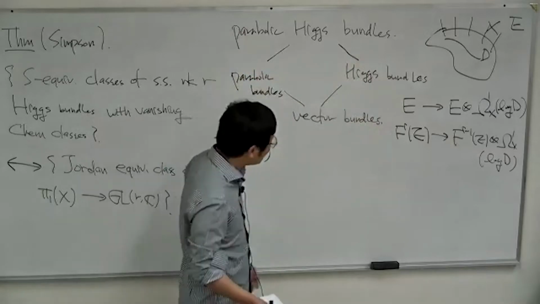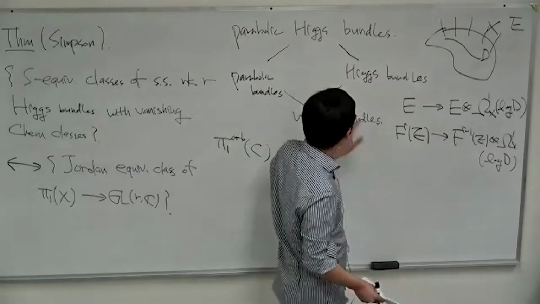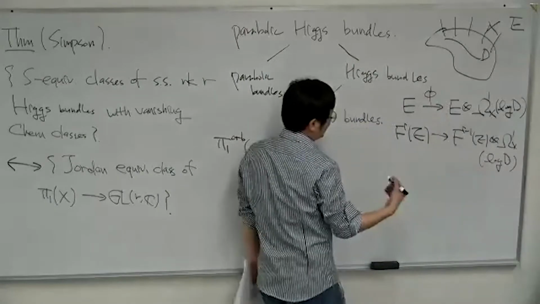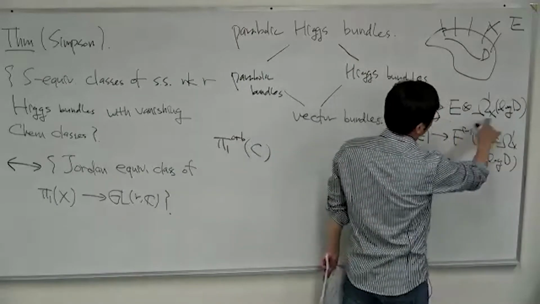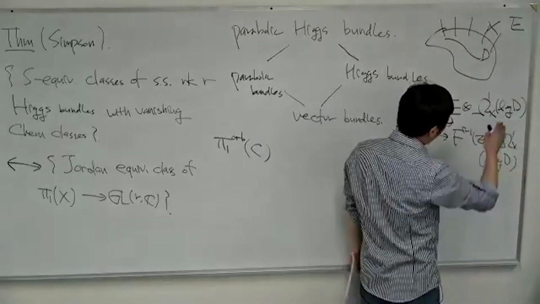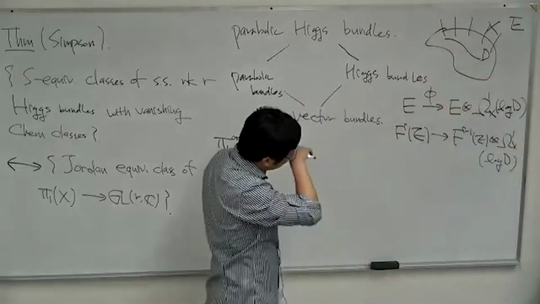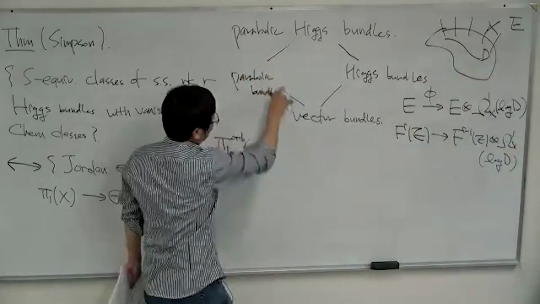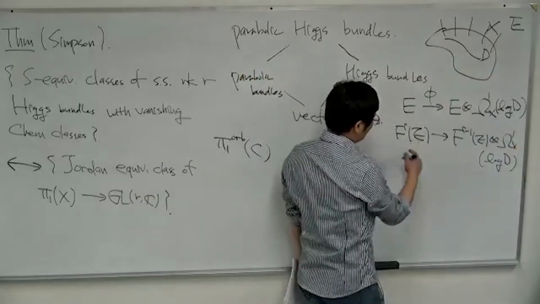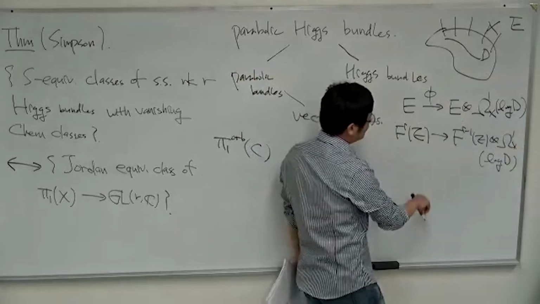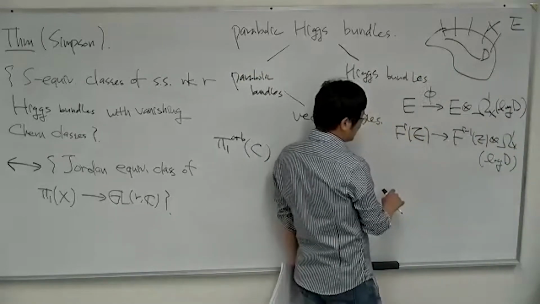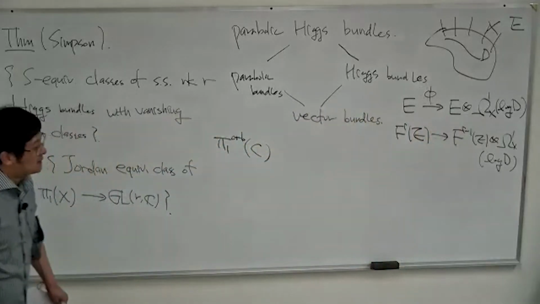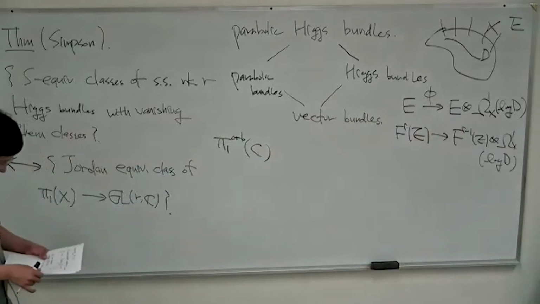What I said is that for a parabolic Higgs bundle, the Higgs field is a map from E to E tensor the one-forms with log poles at the divisor D. Then at D, I consider this filtration, and the map should be compatible with this flag. That's all we discussed.